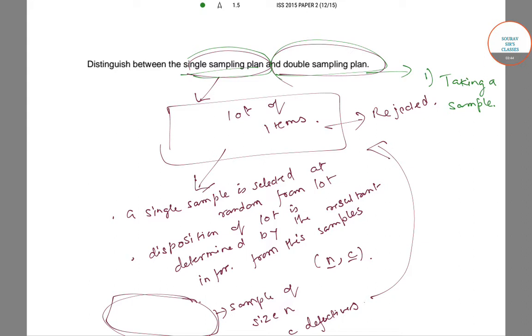There can be 3 results. First one is accept the lot. Next one is reject the lot, and the third one is none of the above, that is, no decision.